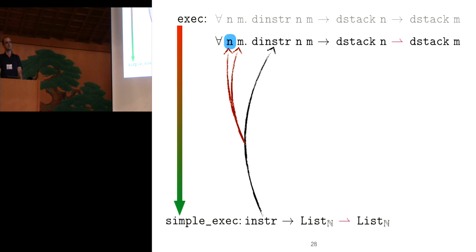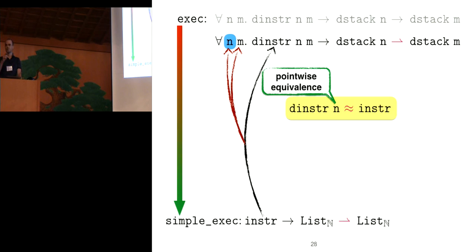However, this n is a bit more problematic because it models the size of the input stack, and given a simply typed instruction, you can't just make out the n that fits, right? Therefore, the equivalence that you can establish between dependent instructions and simple instructions is actually a pointwise equivalence given a fixed input stack. Okay?